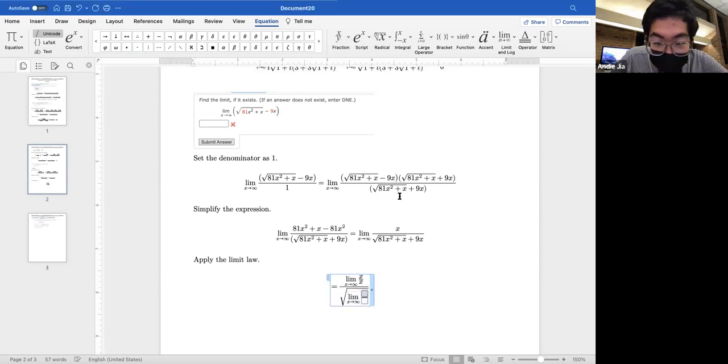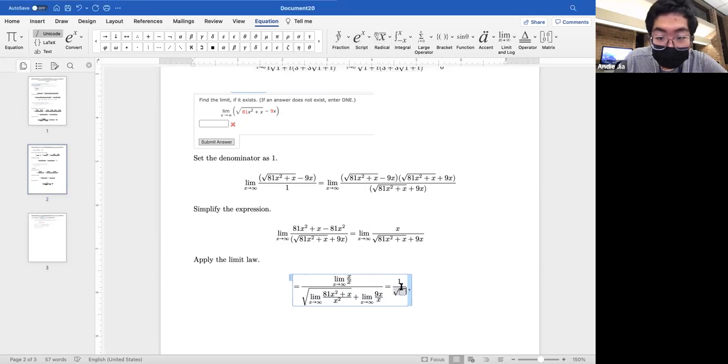It's going to be 81x squared plus x over x squared, plus 9x over x. We take the limit. So that's going to be 1, that's going to be 9. It's going to be the radical of 81 plus 9. It is 1 over 18 is the limit.